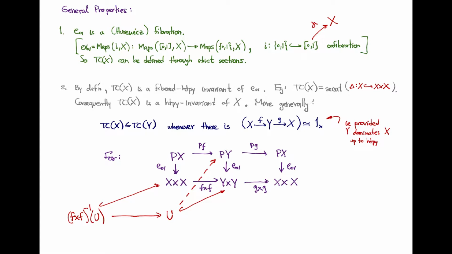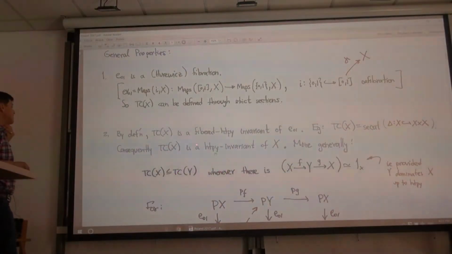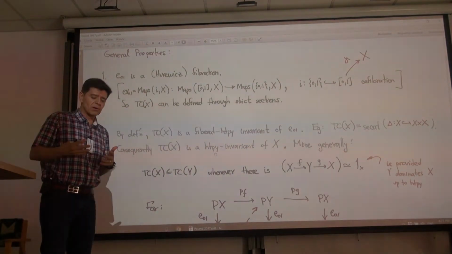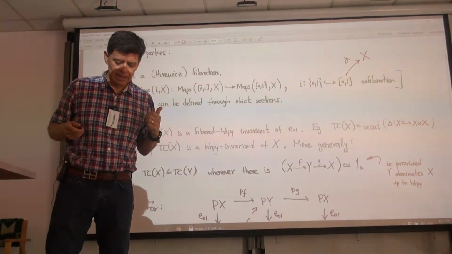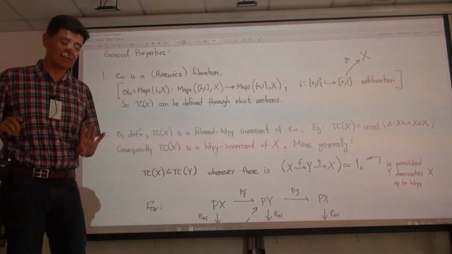That would be your homotopy equivalence from the space of paths to X. And that's compatible with the evaluation in one of the directions. So, since it is a fiber homotopy invariant, TC can be defined as the sectional category of the diagonal map. And as a consequence, TC is a homotopy invariant. I already said it, but here it is. It's a homotopy invariant of X.